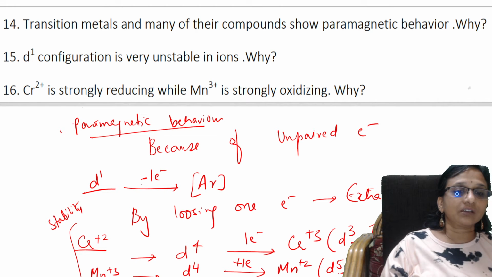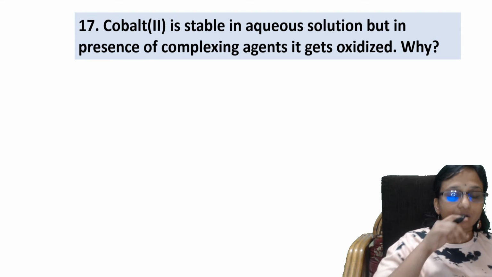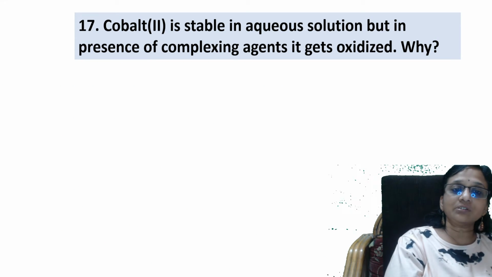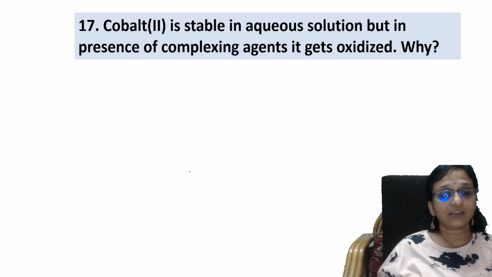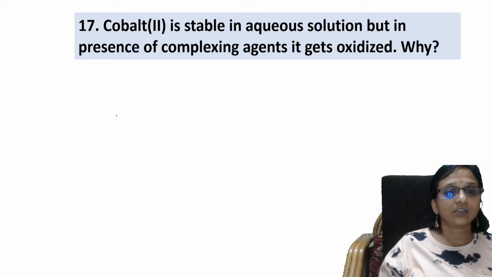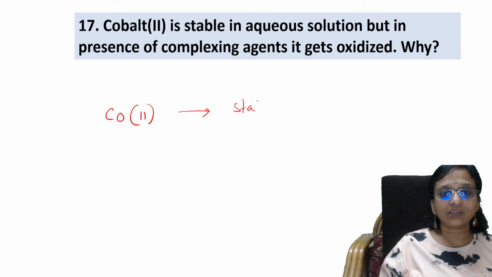So question 1, question 2, question 3 discussed. Next question. Cobalt is stable in aqueous solution, but in the presence of complexing agents, it gets oxidized. Why? Okay. Nothing, students. So basically, cobalt 2 is very stable, right? Where is it stable? In aqueous, that is what they gave me.